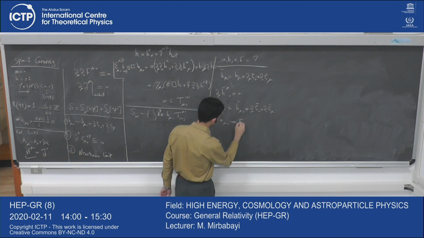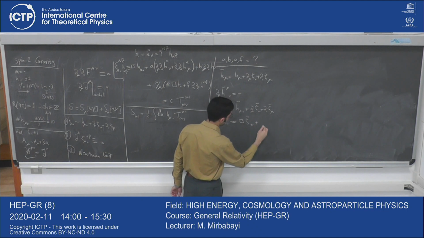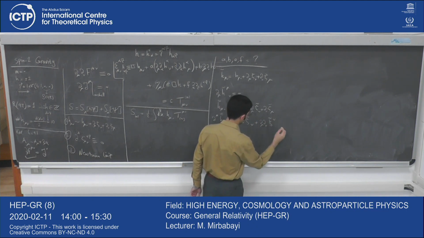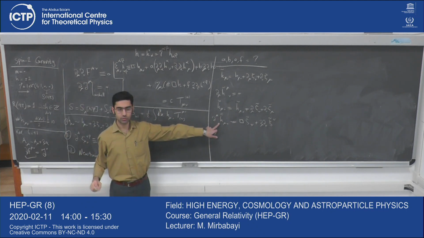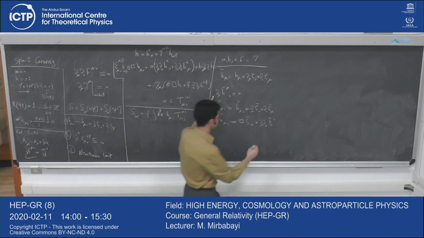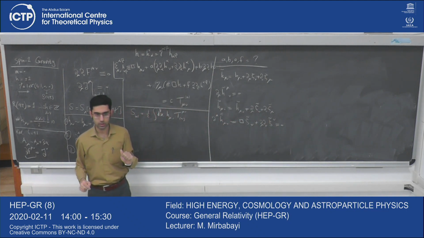So this is going to be box xi tilde nu plus d nu d^mu xi tilde mu. Now if I want this new h double tilde mu nu to also satisfy this condition, that puts a constraint on this new transformation.